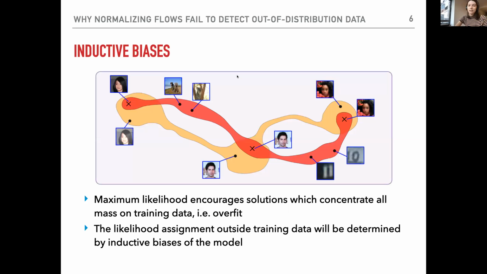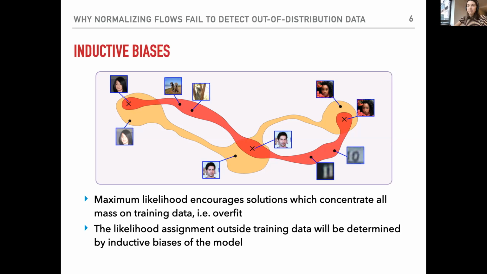So let's discuss why it actually happens for normalizing flows that data that is very unlike the training data is assigned high likelihood. We argue in the paper that the answer to this question lies in the inductive biases of the flows. In principle, when we're training generative models with maximum likelihood, so when we are finding the parameters for the flow, optimizing the total train log likelihood of the data, this objective encourages the model to put all the probability mass on the train data set.